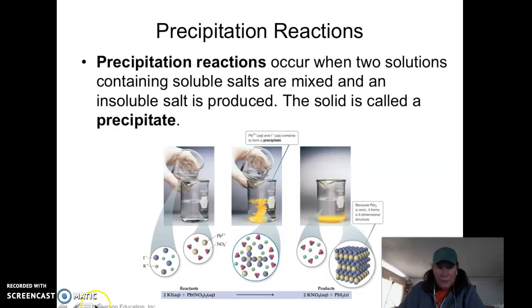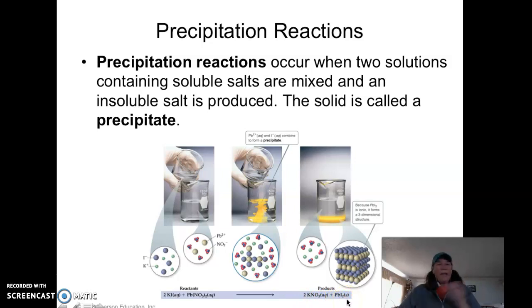Okay, so here's a precipitation reaction. We have two compounds here. We have potassium iodide, and AQ meaning dissolved in water, and we have lead nitrate. These two will separate when you put them in water. When you put them together, they form this nice precipitate. It's actually paint, you guys. So a precipitate forms, so yes, I know this reaction occurs. I end up with potassium nitrate and lead iodide.